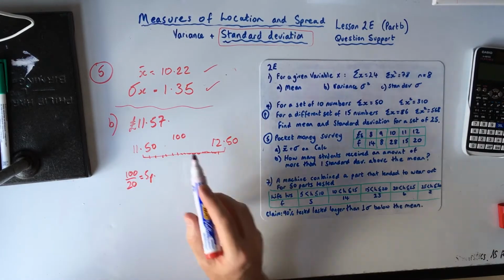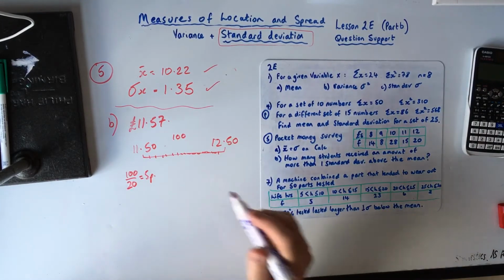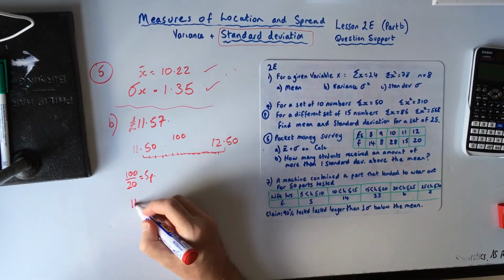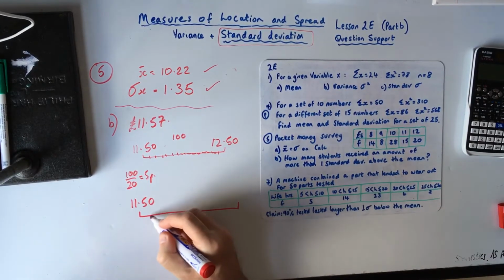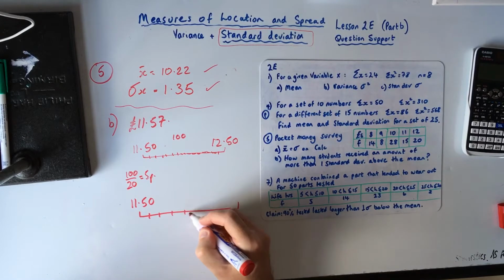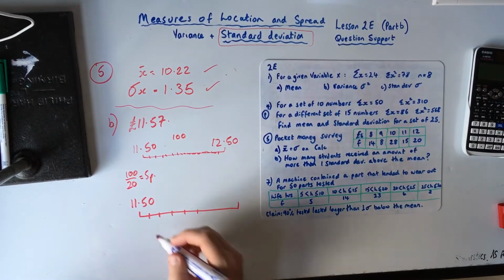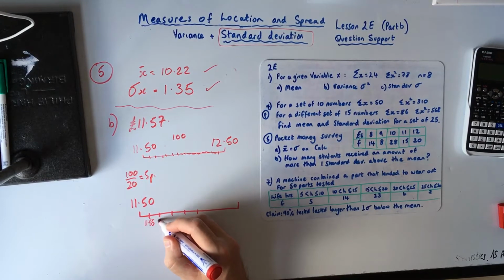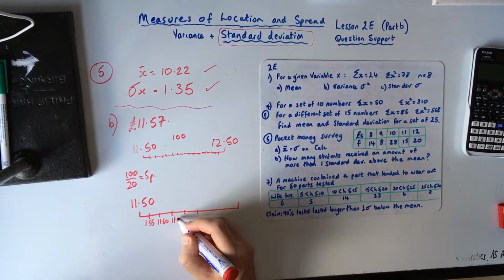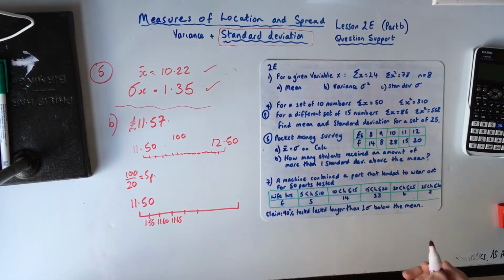Now remember, out of these 20 students, so there's our £11.50 at the start of the group, and remember it's going up in 5p's, so got to be careful here. That's £11.55, that's £11.60, and so on. That's £11.65, right the way up to the £12.50.